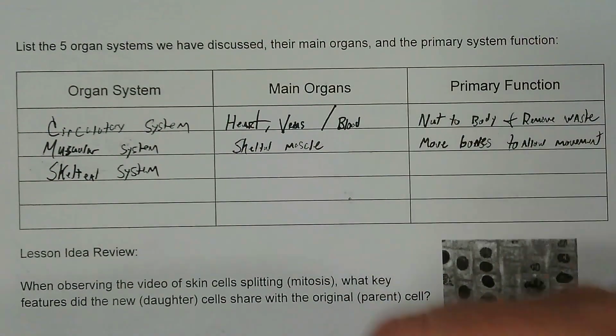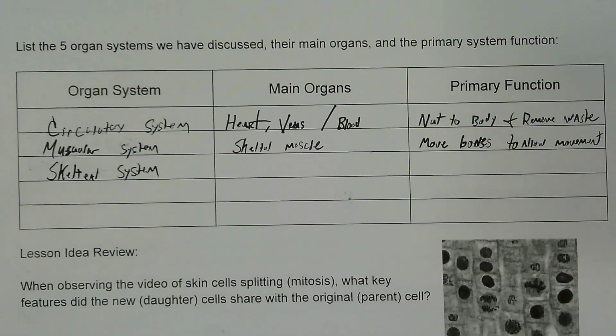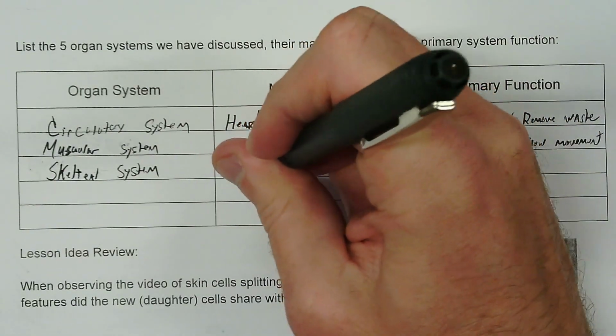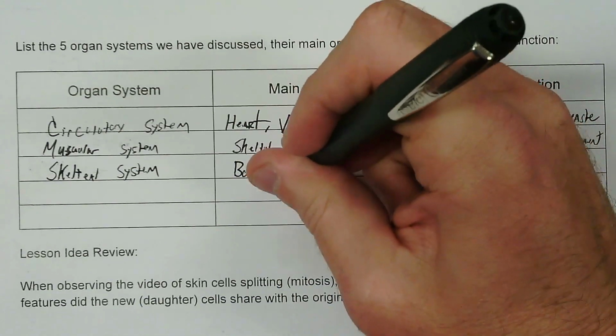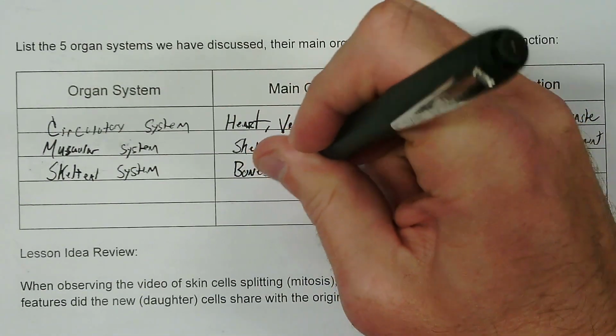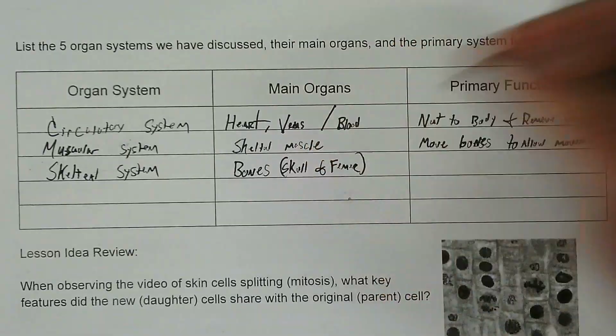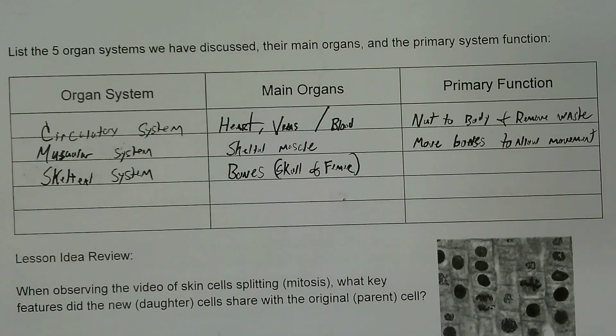We could name each individual bone: femurs, ribs, skull, pelvis, tibia, fibula, humerus, whatever. We could name them. Let's just say bones, okay? And if you need an example, skull and femur are always two good ones. Most everybody will know what you're talking about because the skull is pretty obvious.